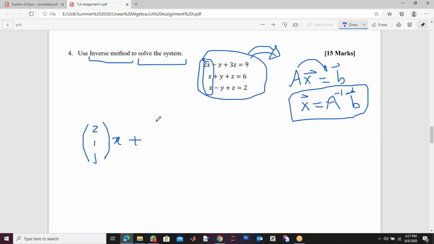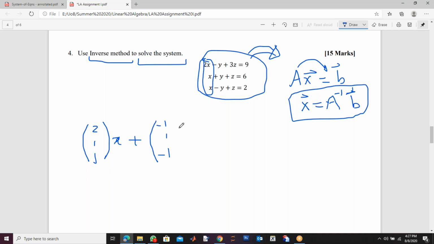And then plus the second column can be written as minus 1 1 and minus 1 with y. I only wrote the coefficients minus 1, 1 and minus 1. From here I wrote y. Then the coefficients of z are 3 1 1, with z equal to, the right hand side can also be written as a vector 9 6 2.